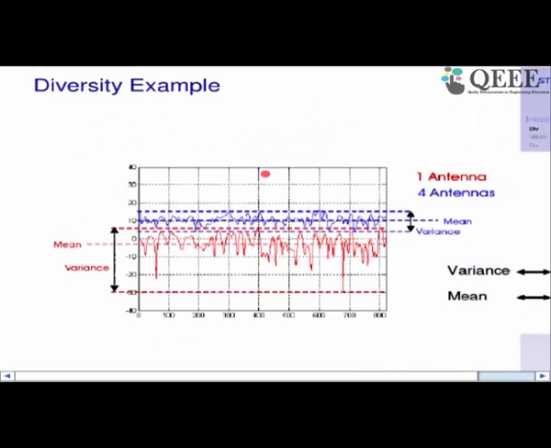Okay. This slide basically shows you the variation with number of antennas. The red signal is basically the received power for a single receive antenna and a single transmit antenna. You see the red signal? Sometimes it is near 0, but you see around 50 microseconds, my pointer is showing that the signal is more than minus 20 dB below.